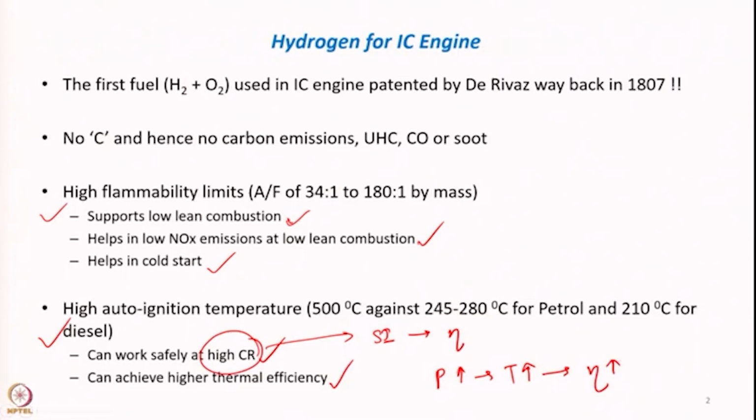These IC engines are thermal engines, governed by the second law of thermodynamics, and it suggests the higher the operating temperature, the more the thermal efficiency. So, we achieve higher thermal efficiency because of that.